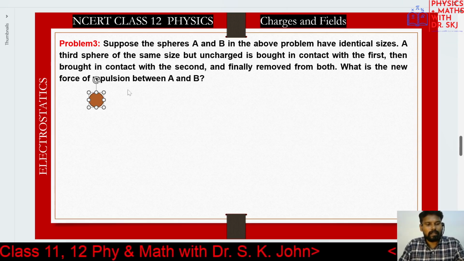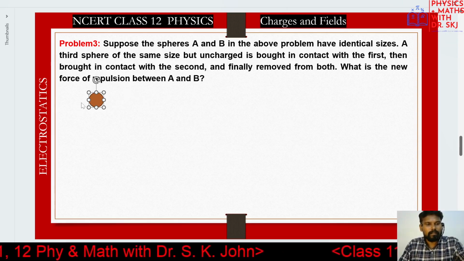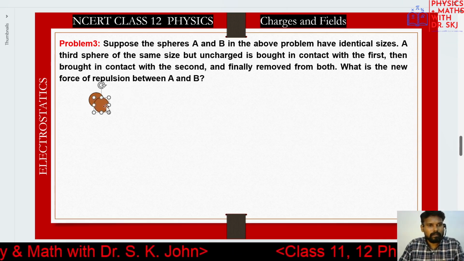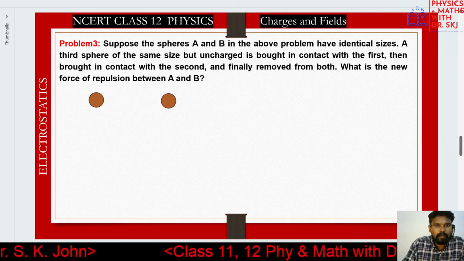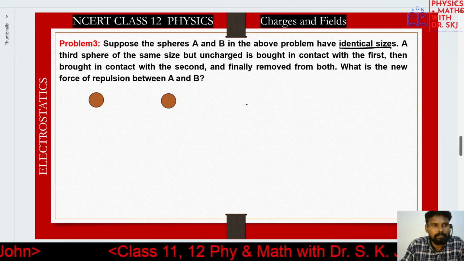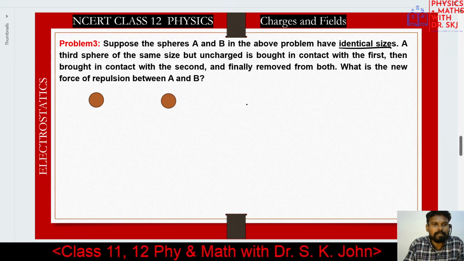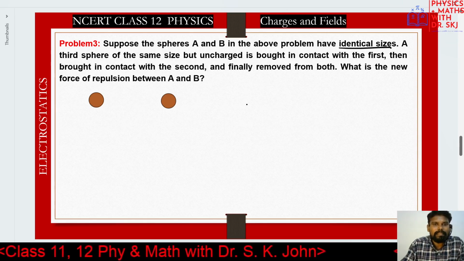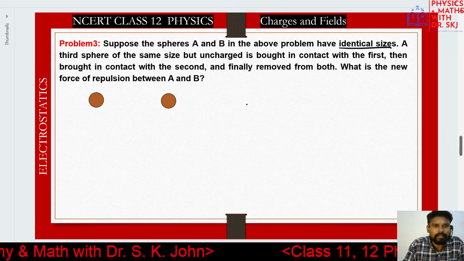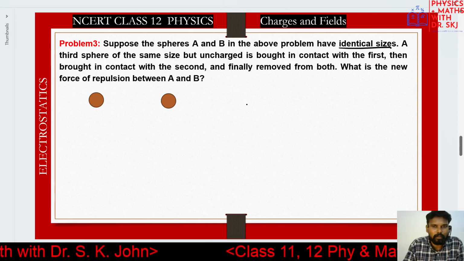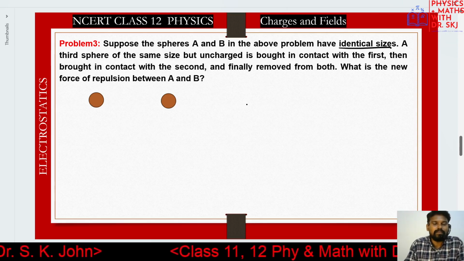The third sphere of the same size but uncharged is brought into contact with the first, then brought in contact with the second, and finally removed from both. What is the new force of repulsion between A and B?